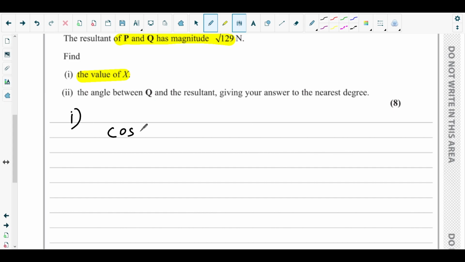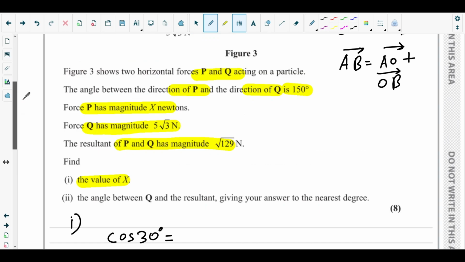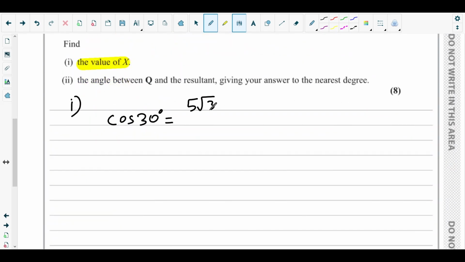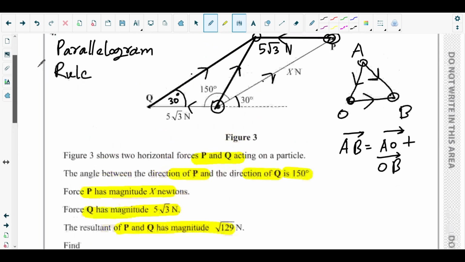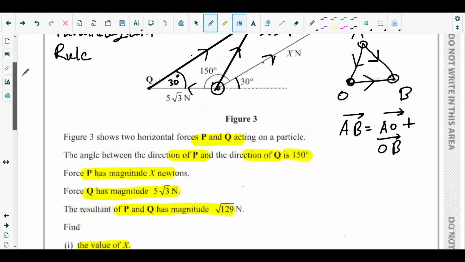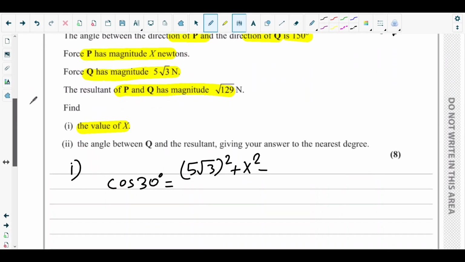Cosine rule says that cos 30 degrees equals the sum of the squares of the adjacent sides, that is 5 square root of 3 whole squared plus x squared, minus the square of the opposite side, square root of 129, so that becomes 129, over twice the product of the two adjacent sides, twice of x times 5 square root of 3.